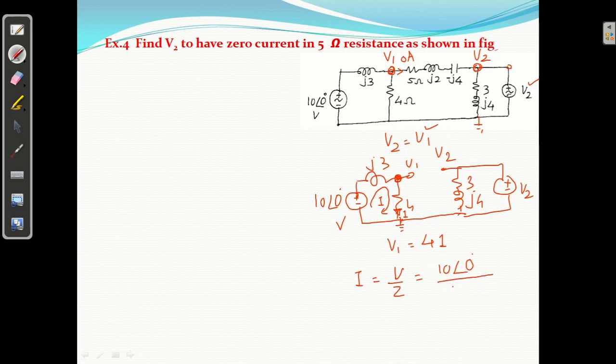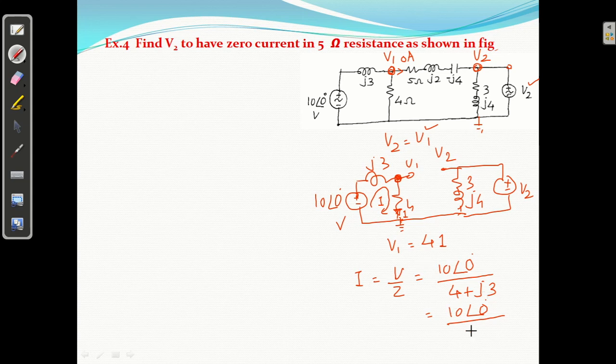Z is 4 plus j3. 4 plus j3, so I equal to 10 of the angle 0 upon 4 plus j3. This division you can't do in rectangular form, it has to be converted into polar form. So I am going to convert this into polar form. Shift, rectangular to polar, 4 comma j3, close the bracket.